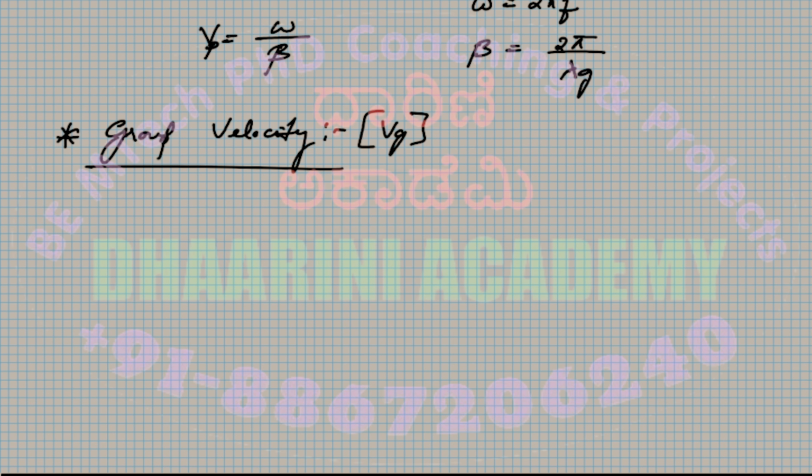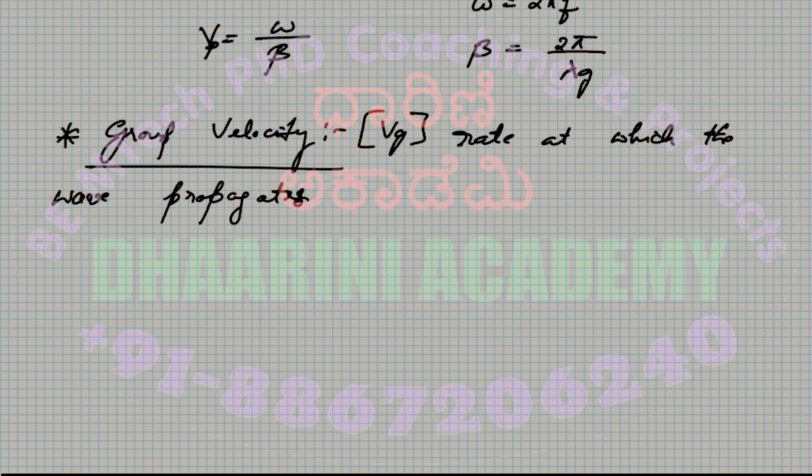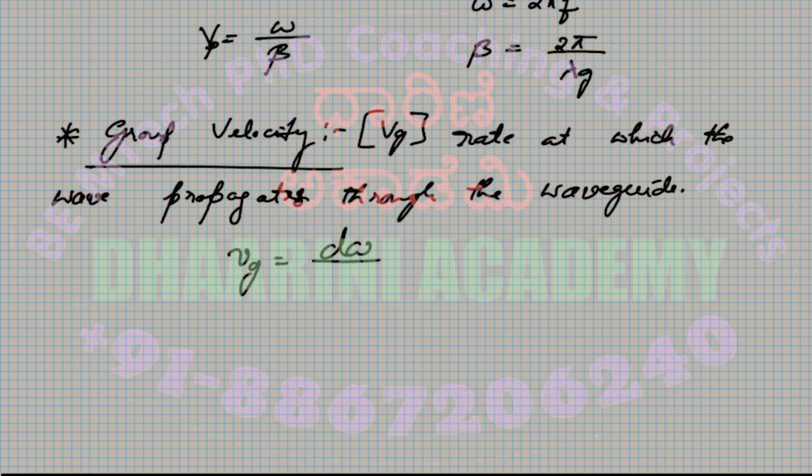So Vg is equal to d omega by d beta, the rate of change of angular frequency omega with respect to beta. That's how we calculate the equations.